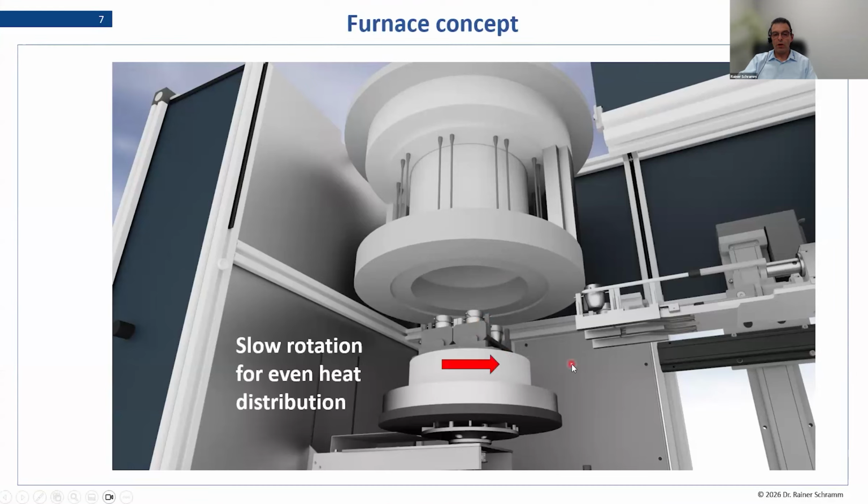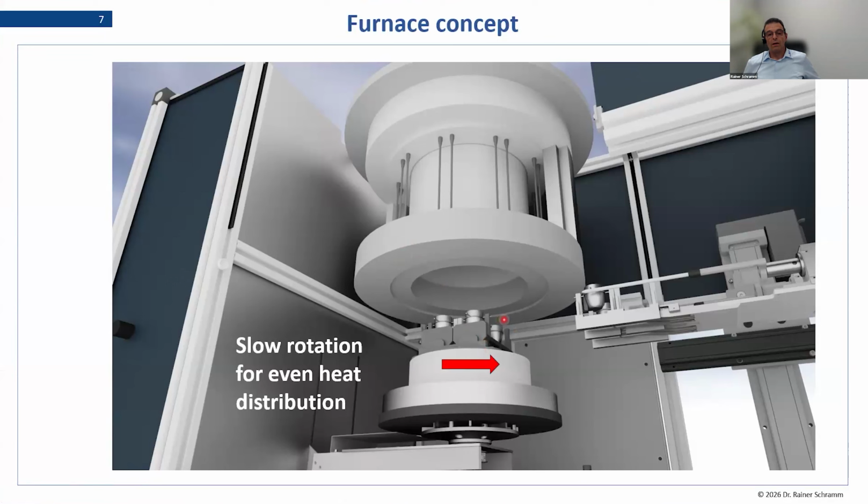Of course, everybody who knows muffle furnaces knows that inside a furnace you never have a homogeneous temperature distribution. And to guarantee this, in the moment we have more than one crucible in a furnace, we just turn this very slowly, like in a microwave, so that every crucible sees exactly the same heat. And in this way, we can guarantee that in this case, all four crucibles see exactly the same temperature over the fusion process.